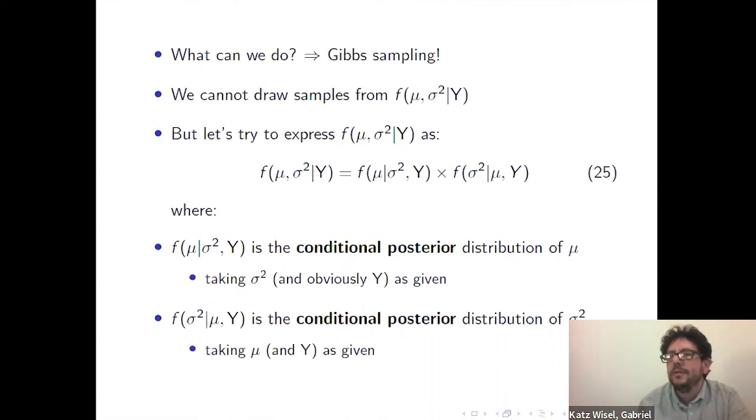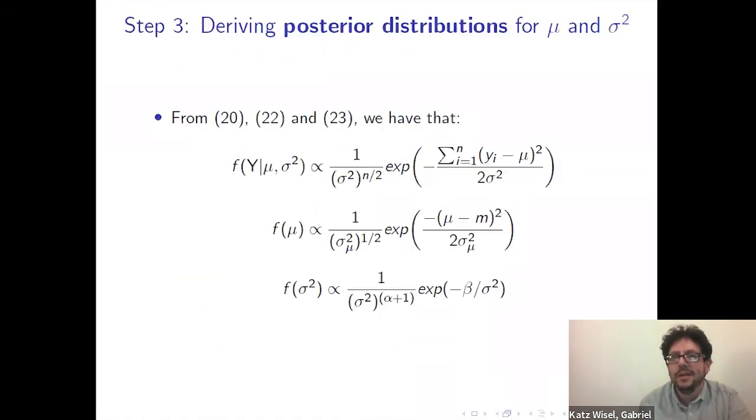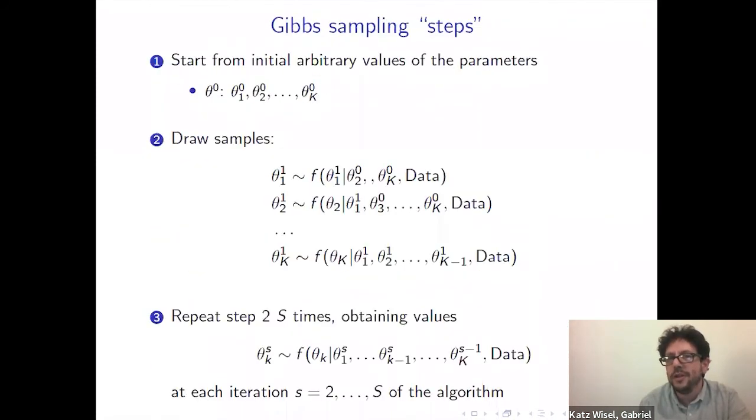So to derive the conditional posterior distribution of mu, what I do is take sigma squared. I have two parameters in this exercise, so this is a special example of the more general formulation of the Gibbs sampler, where I have k parameters. In this particular case, I have two parameters, mu and sigma squared.